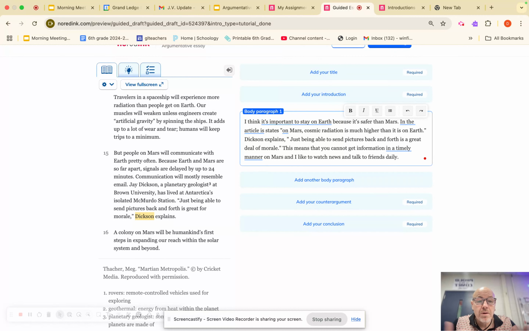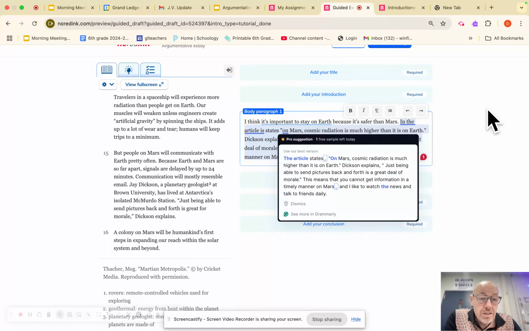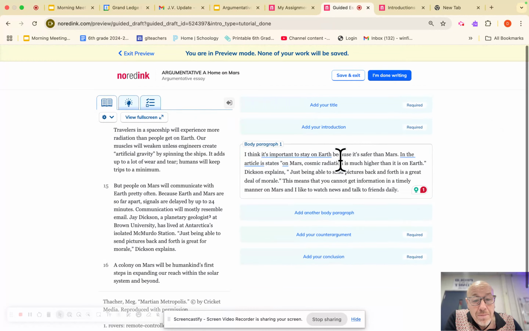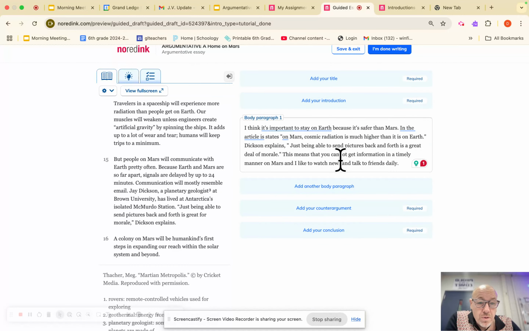And that will support my opinion of why I think it's important to stay on Earth versus Mars. Now remember, this is going to be part of my body.